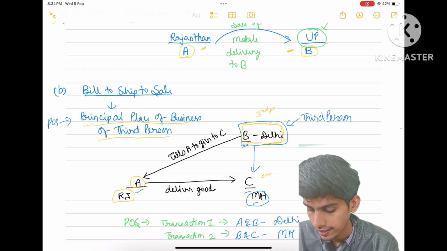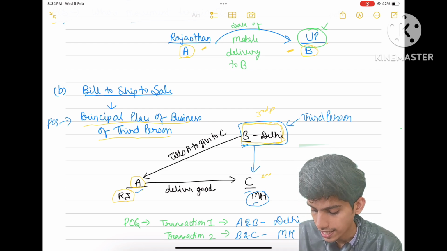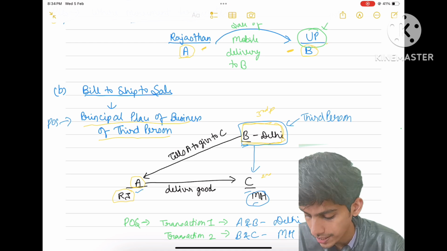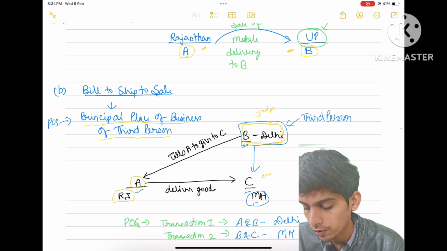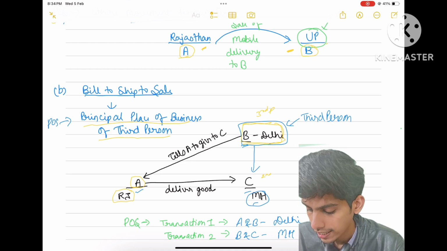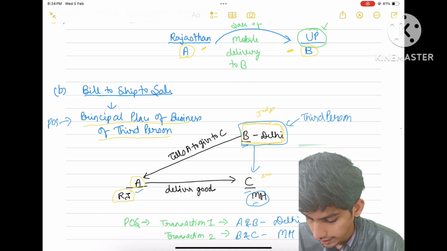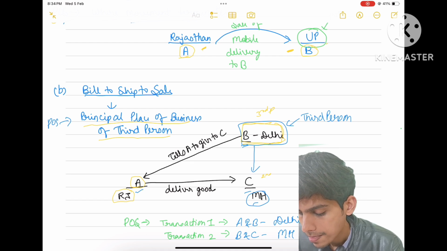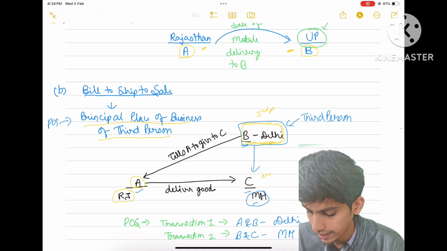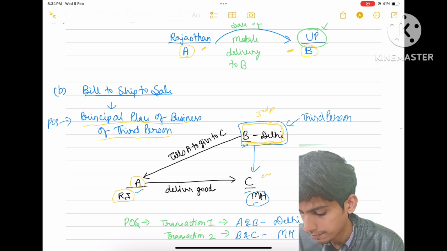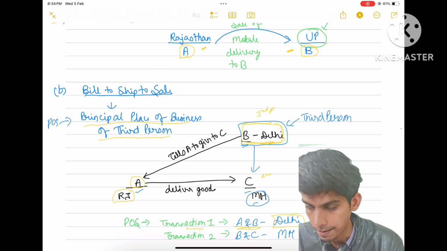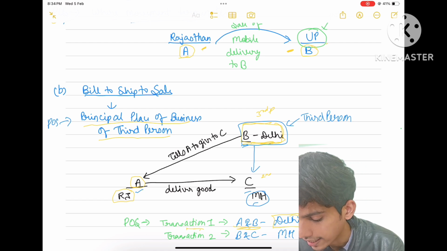So in transaction one, the transaction between A and B, where A is delivering the goods to C on behalf of B, place of supply will be the place of business of B, which is Delhi. So IGST will be levied.